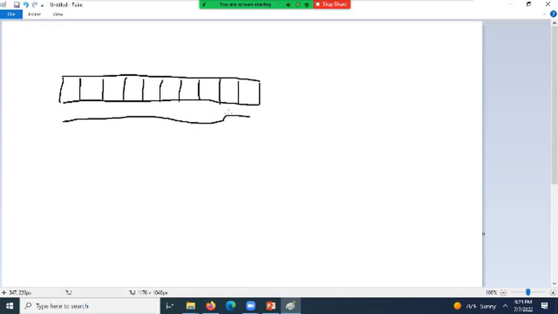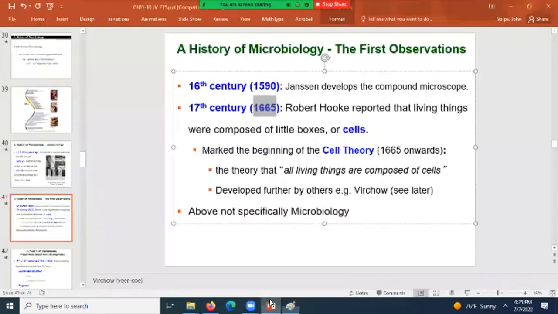This would be the hallway in the monastery, and this would be the room that the monk slept in and lived in. The monks called this a cell, and it reminded Robert Hooke of a cell in a monastery. So he called the cells he was looking at in cork a cell, because they looked like the cells in a monastery. And that's where the word cell comes from. Any questions about any of that?